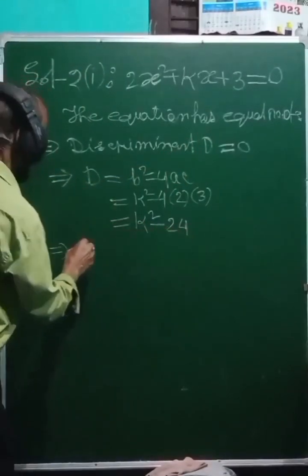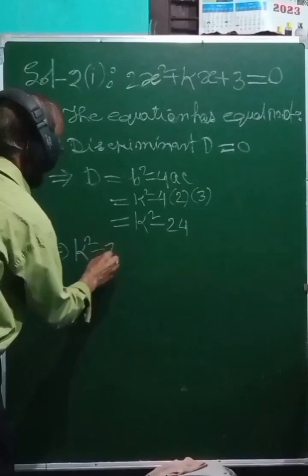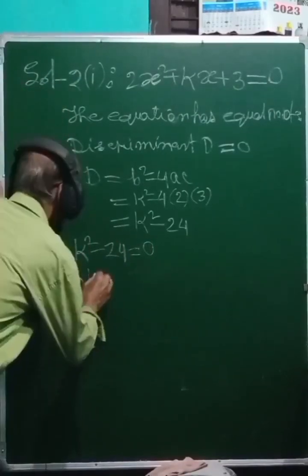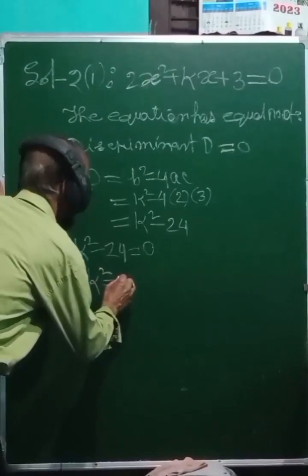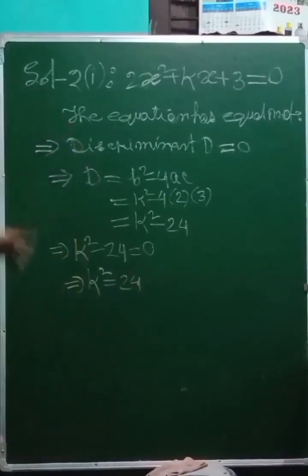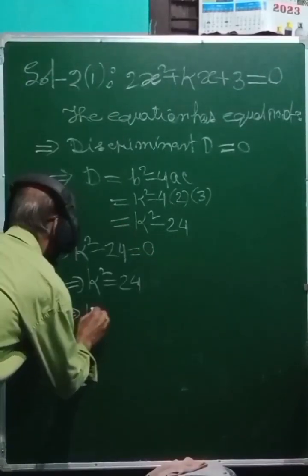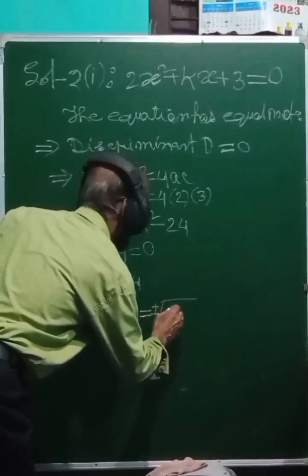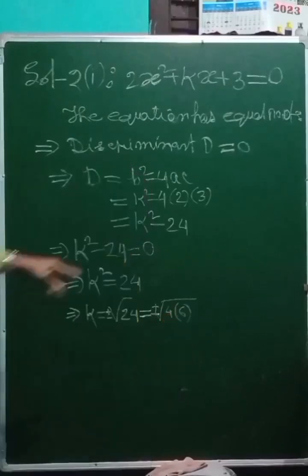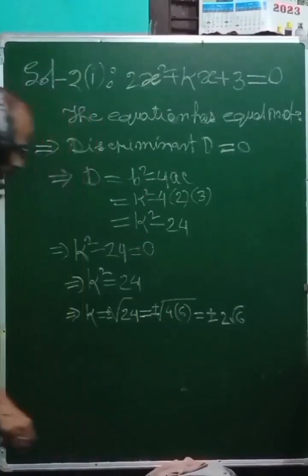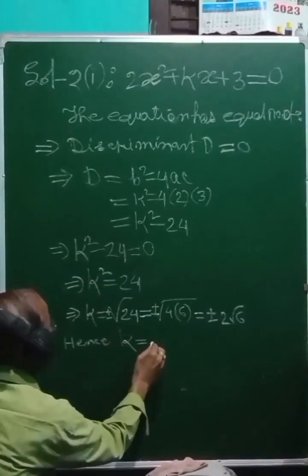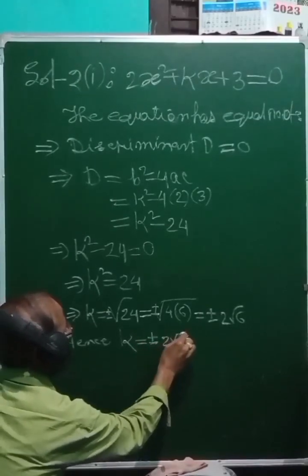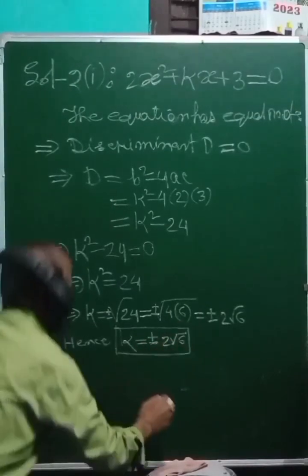So k² = 24, which implies k = ±√(4 × 6). Hence, k = ±2√6. So this is the answer.